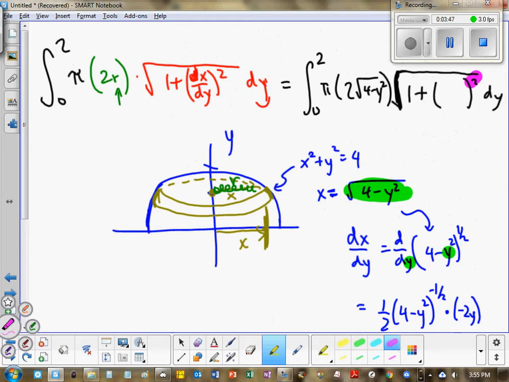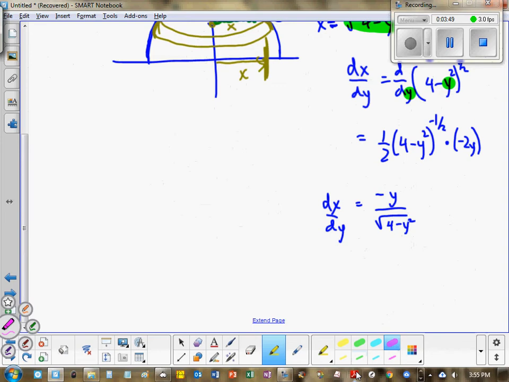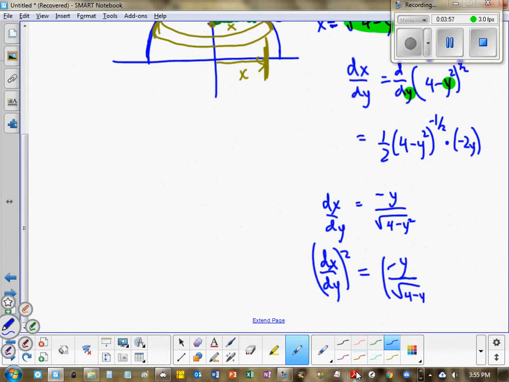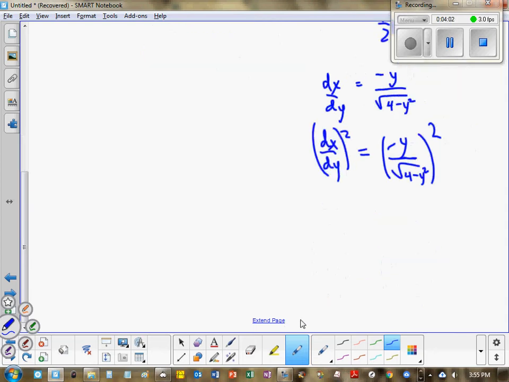Let me go and square this. dx/dy quantity squared is actually nicer looking than dy/dx was. So dx/dy squared is y squared over 4 minus y squared.